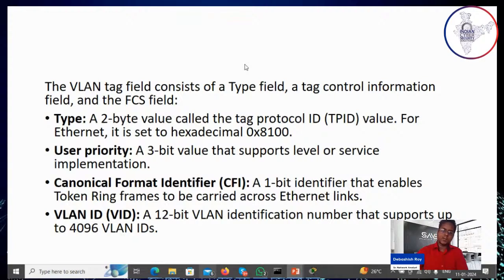CFI enables token ring frames to be carried across Ethernet links, token ring, or FDDI. The VLAN ID is a 12-bit VLAN identification number that supports up to 4096 VLAN IDs, because it is 2 to the power 12.